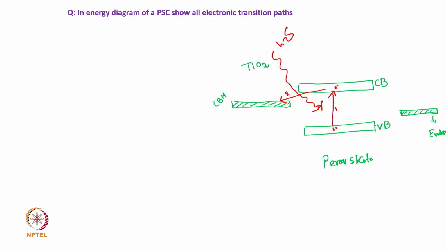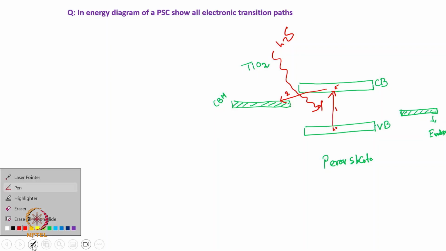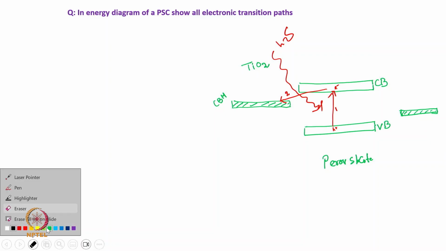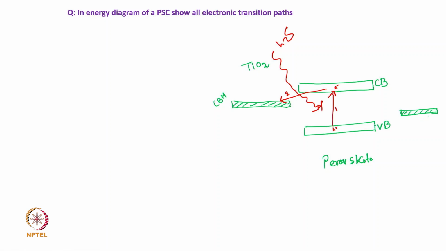And then, sorry, this is not E redox. This is actually the energy level of spiro, that is spiro-OMeTAD, the hole transport layer.